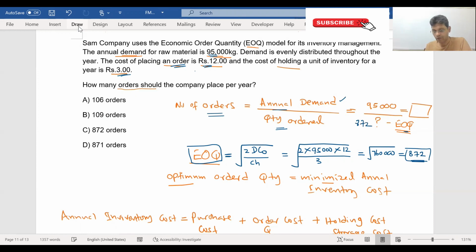So 95,000 divided by 872 will be 108.9, which is 109. So the company should place 109 orders per year. The answer is B.